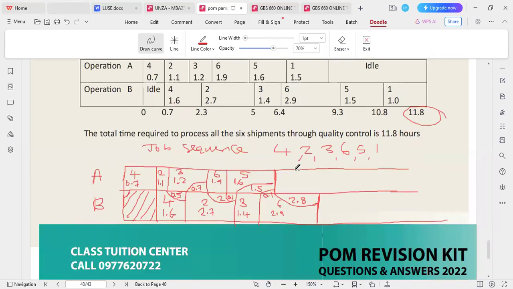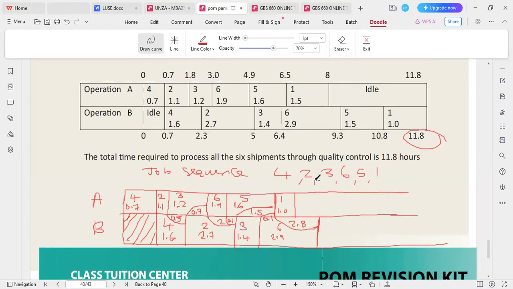Okay, so job 1 is taking 1.0, and all the jobs are fully done.